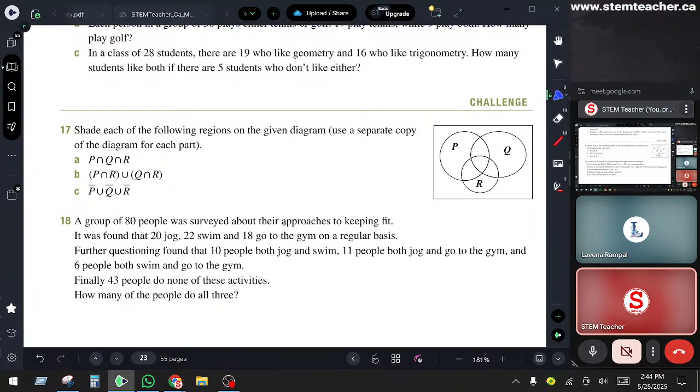Now it is a challenge problem. Previously there were two sets, now there are three sets. What is the common portion of P intersection Q intersection R? What is the common intersection of all portions?